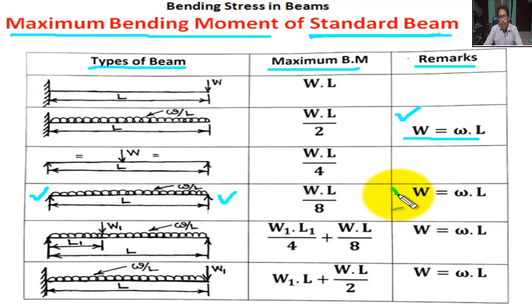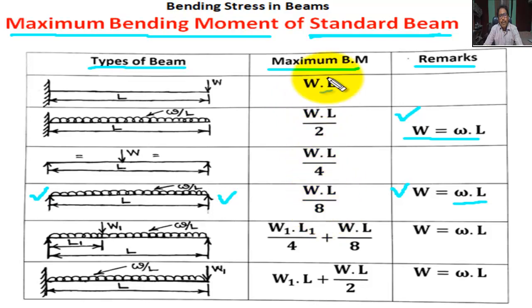So, total weight of the beam capital W equals omega into L. Maximum bending moment in this case is capital W, total weight, into L by 8.